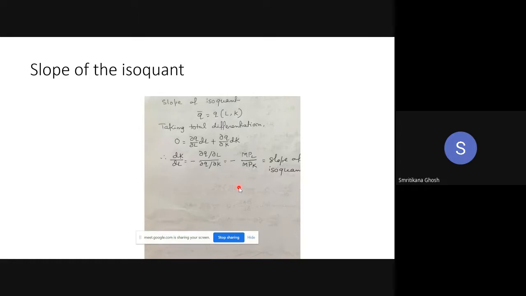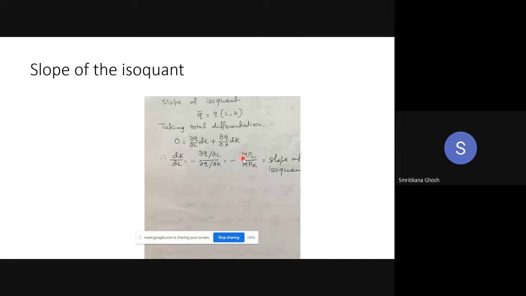So if MPL is negative, then the isoquant will be positively sloped. If MPK is negative, then also the isoquant will be positively sloped. Do you get the point? Yes, ma'am. Now look, there is a certain point when MPL is equal to 0.